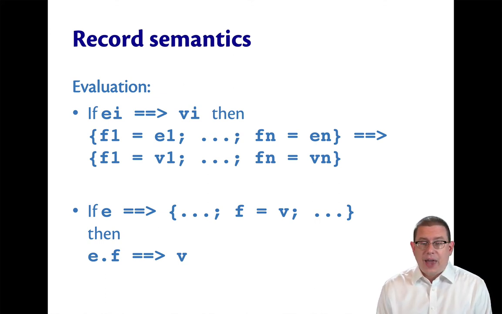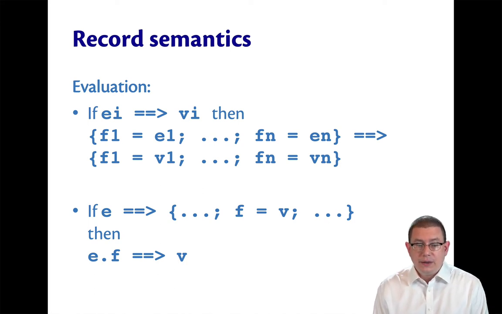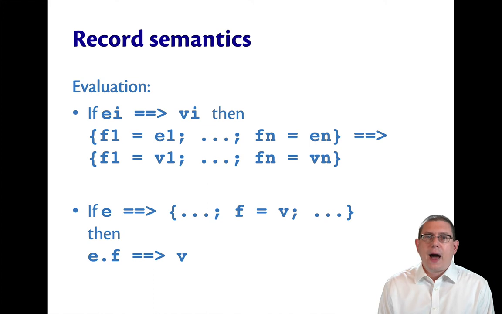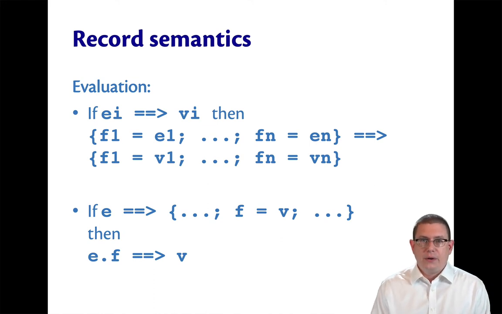And as for field access, if e evaluates to a record value, and that record value has a field named f, which is bound to a value v, then e.f evaluates to v. All we're doing is getting the value of that field out of the record.